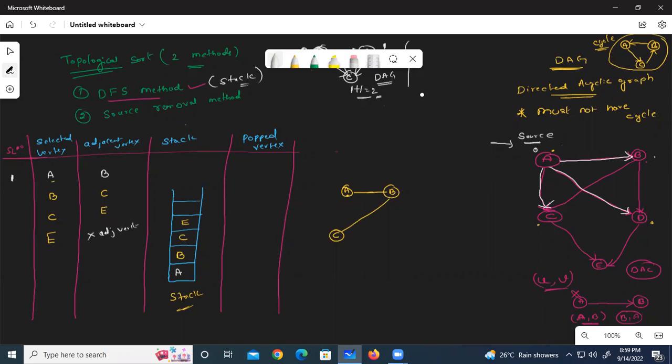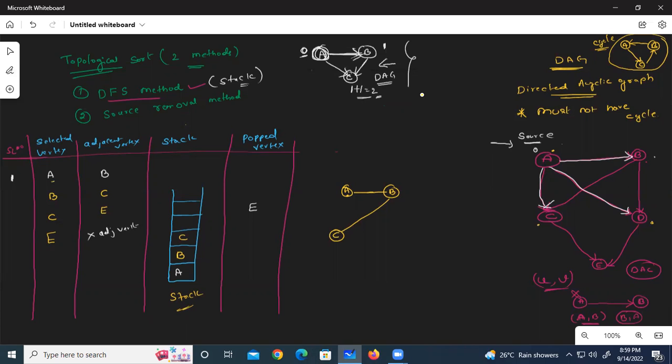When you don't have an adjacent vertex, what will you do? Just pop that vertex from the stack. The popped vertex is E. Nothing but this vertex goes off. There is no adjacent vertex. Please understand.